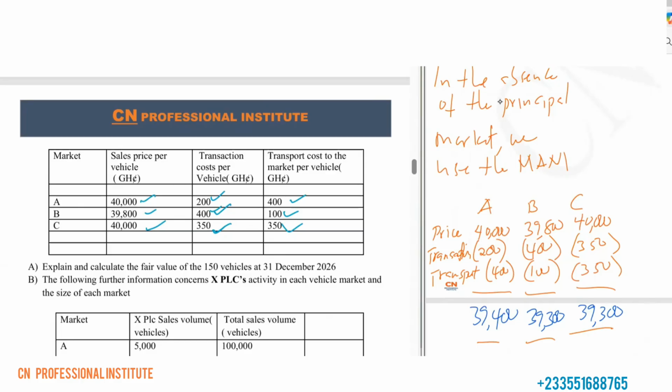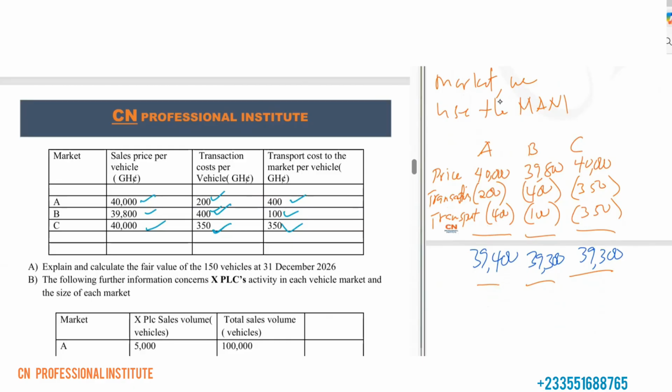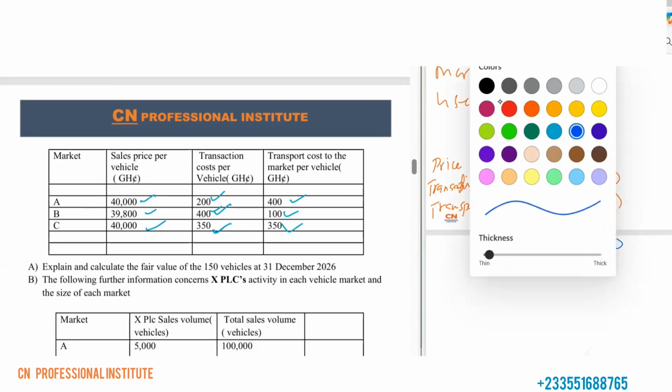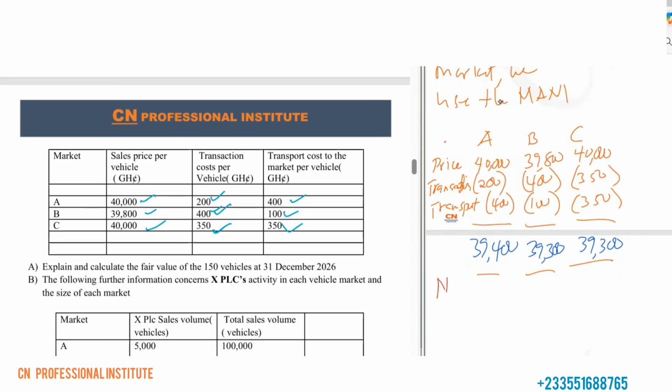Looking at these three, which market is the most advantageous? Therefore, we can say market A is the most advantageous market.